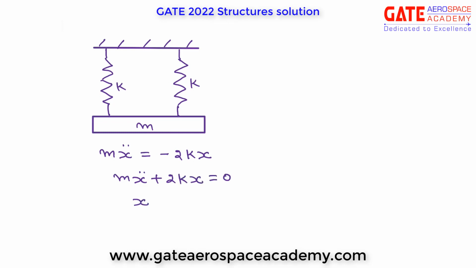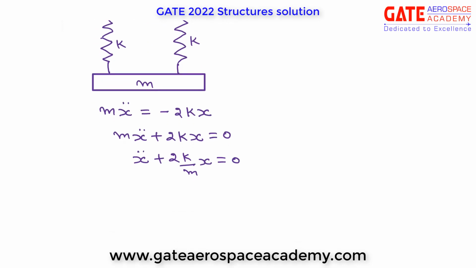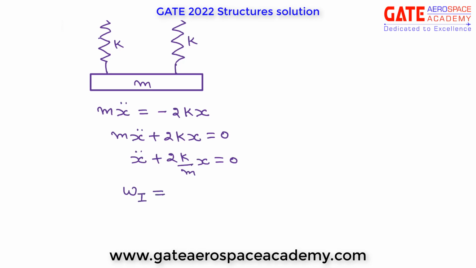So we can write x double dot plus 2k by m into x is equal to 0. So if we compare this equation with basic equation of vibration, then frequency of vibration, let's say omega 1, is equal to under root of this thing, correct? So under root of 2k by m, right?